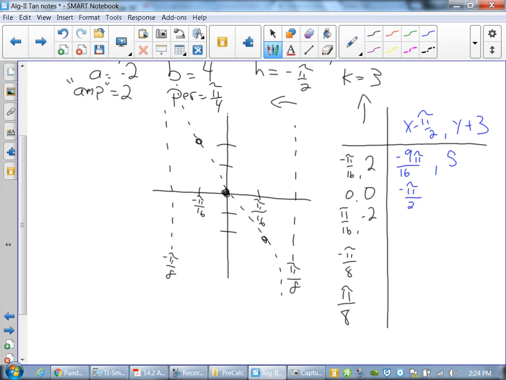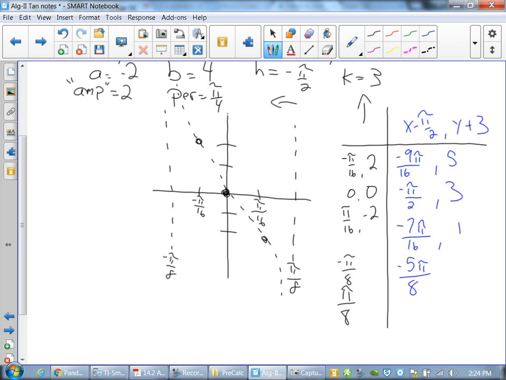Okay. 0 plus 3. 3. 4. 1/16 minus 8/16. Negative 7/16. And 1. Negative 1/8 minus 4/8. Negative 5/8.